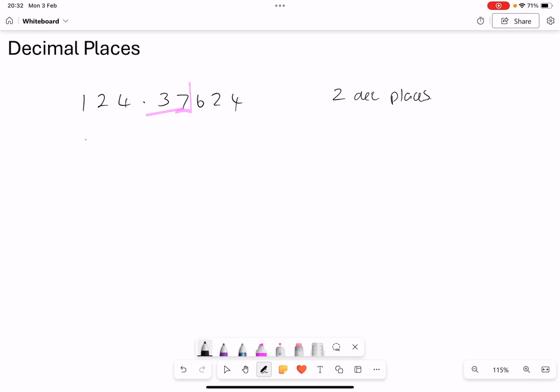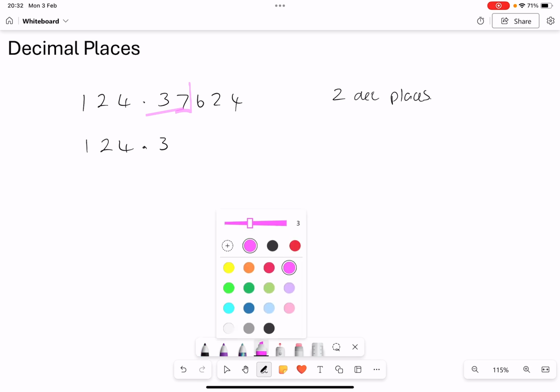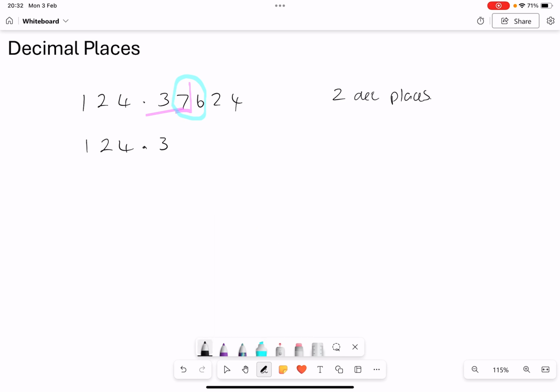Those numbers before the decimal stay the same, 124. The 3 stays the same, but now I look at that 7 and the number that is directly next to it on the right-hand side. Because the 7 is followed by a number bigger than a 5, that 7 gets rounded up to an 8.